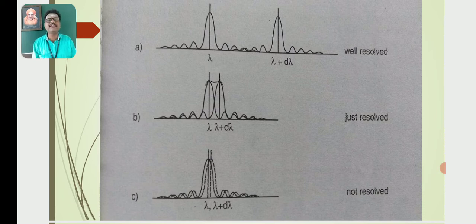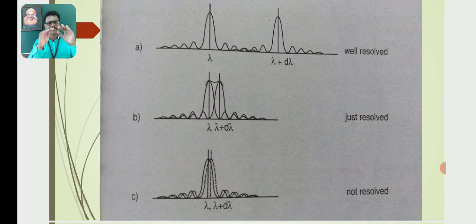They are not resolved. The first diagram indicates well resolved, the second diagram indicates just resolved, and the third diagram indicates they are not resolved, not separated.